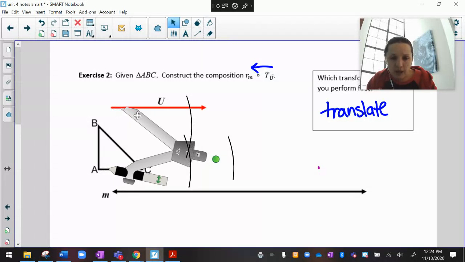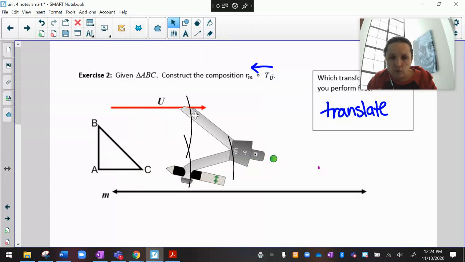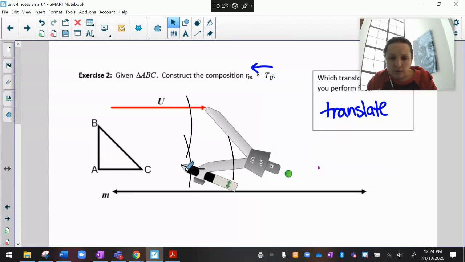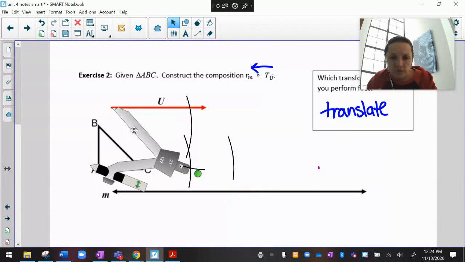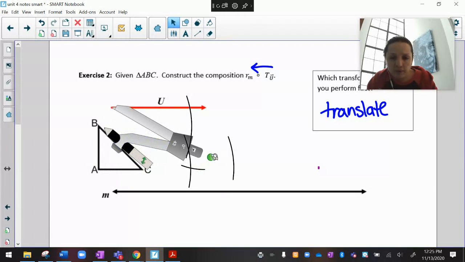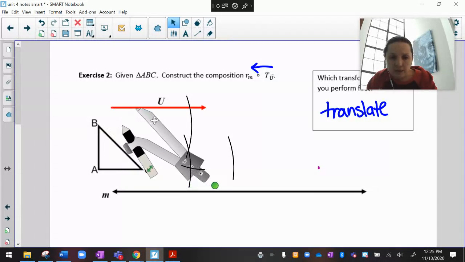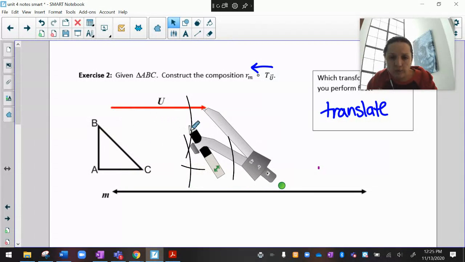And then I'm sliding down U with the pokey part. And I draw an arc until this hits the thing I already have. There's A prime. Okay, same thing, but I'm going to open up from U to B. All right, so now I'm open from U to B. Slide down U. Draw an arc.